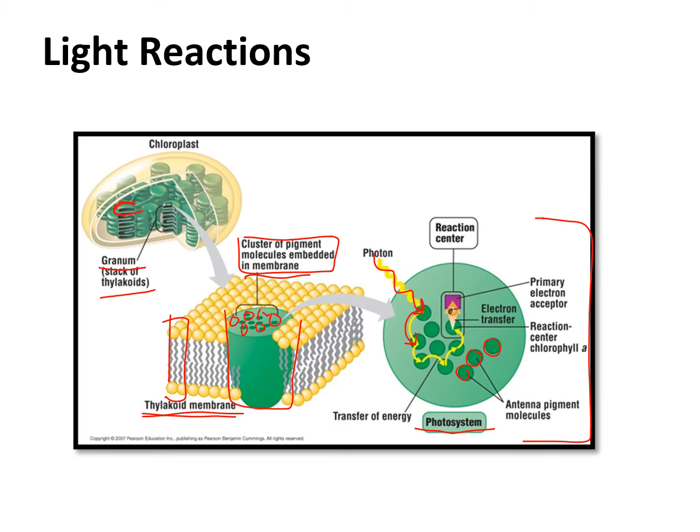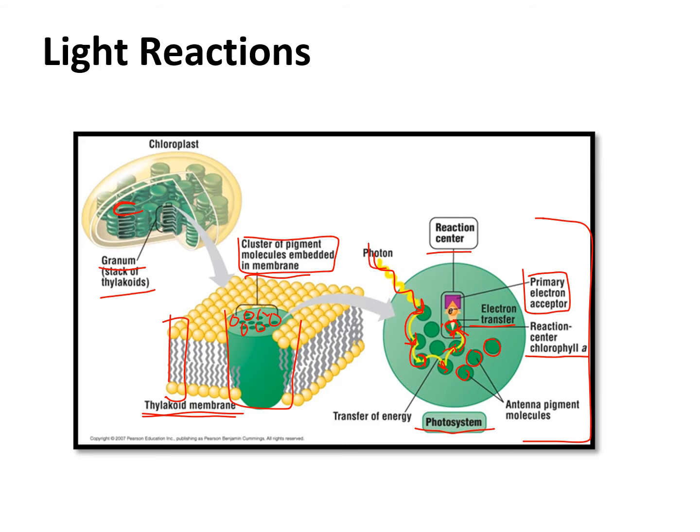And it's going to continue getting transferred from pigment to pigment until it reaches the reaction center. And the reaction center is composed of a chlorophyll A molecule. So it reaches the chlorophyll A in the reaction center, and then that high energy electron is going to transfer to a primary electron acceptor. So that is how a photosystem works.